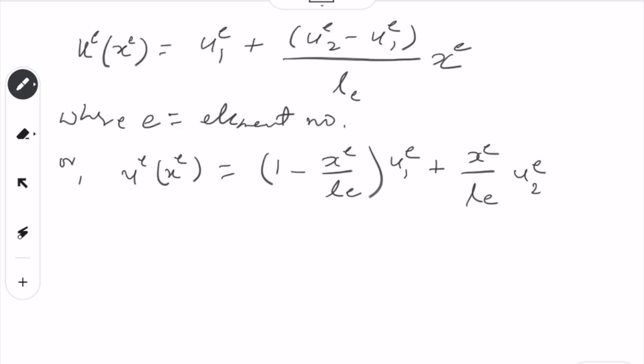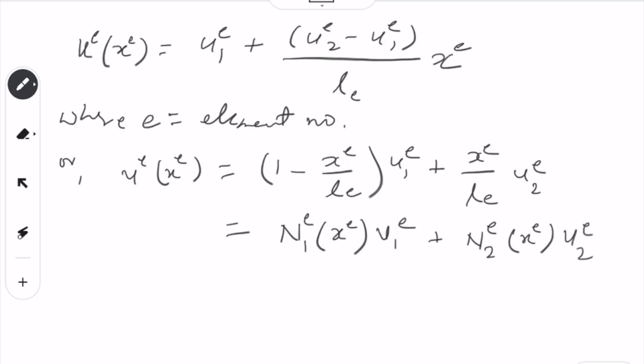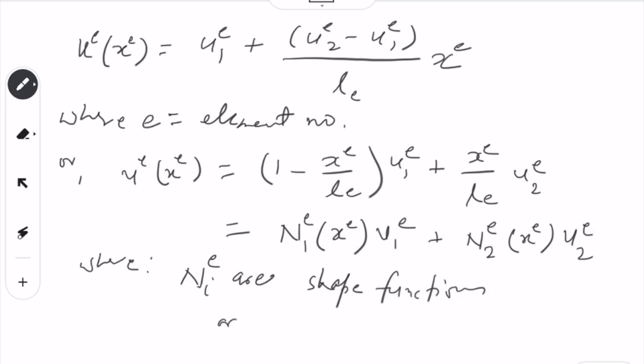Or simply we can write this as N e1 (x e) u 1 e plus N e2 (x e) u 2 e, where N i e are called shape functions, or interpolation functions.